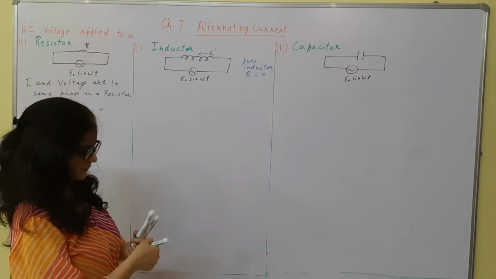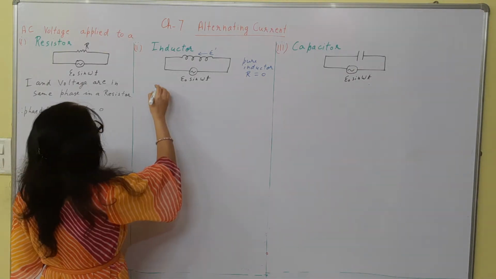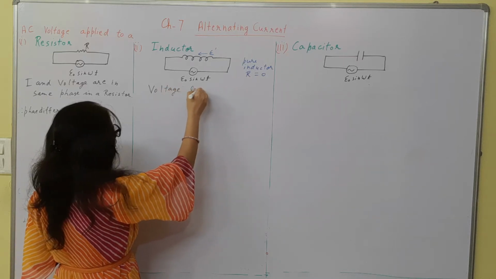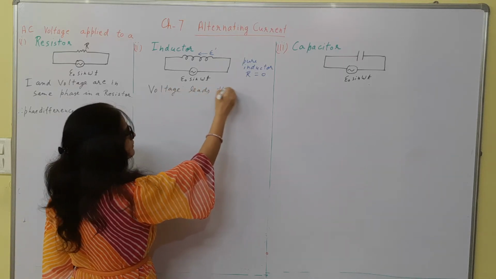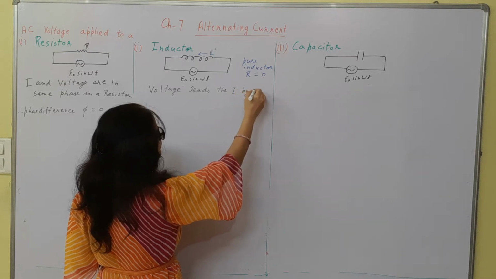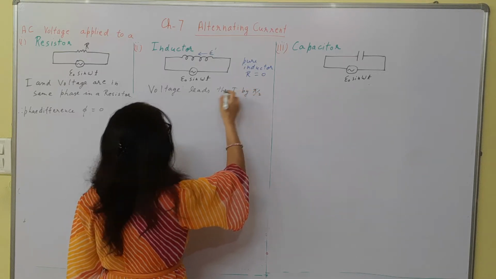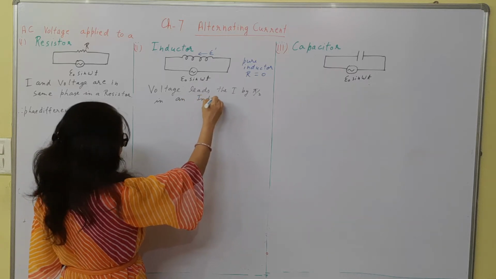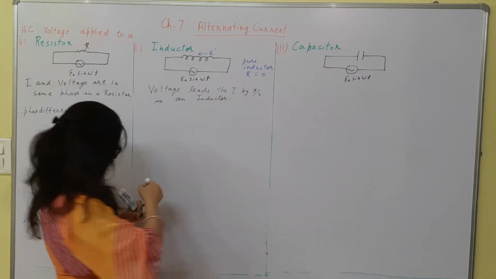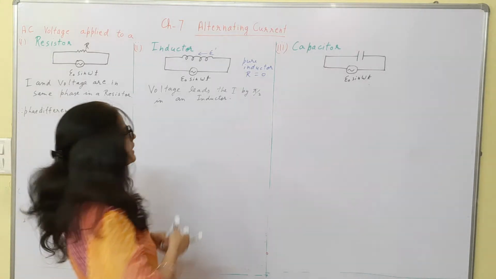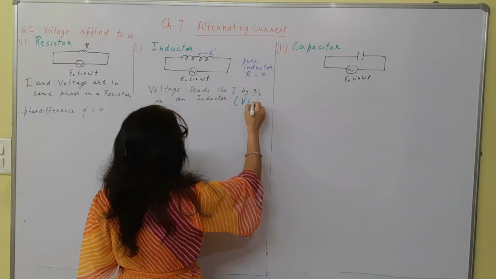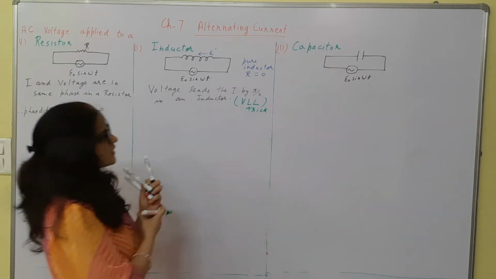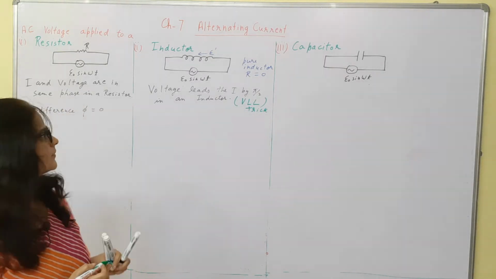In this case, voltage leads the current by pi by 2 in an inductor. Now how to remember this? You remember this by trick VLL. This is the trick. Voltage leads the current in an inductor.